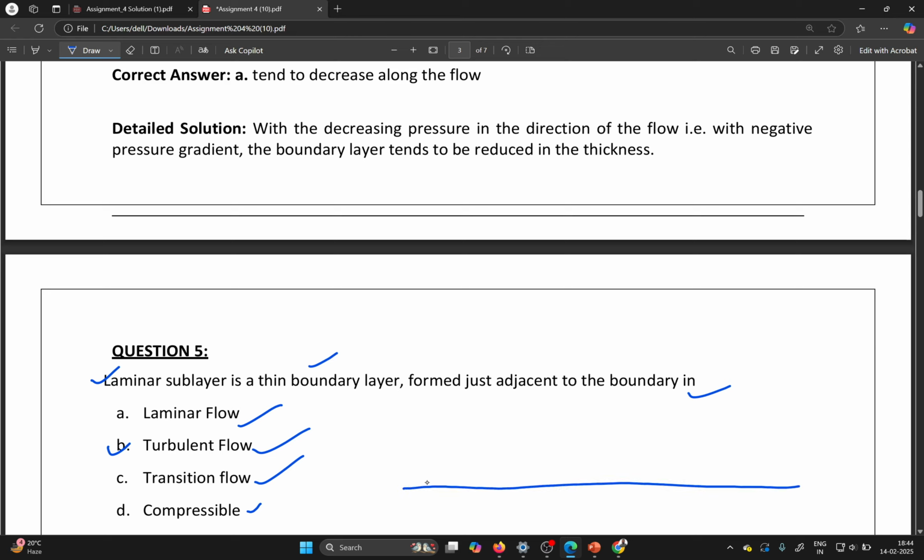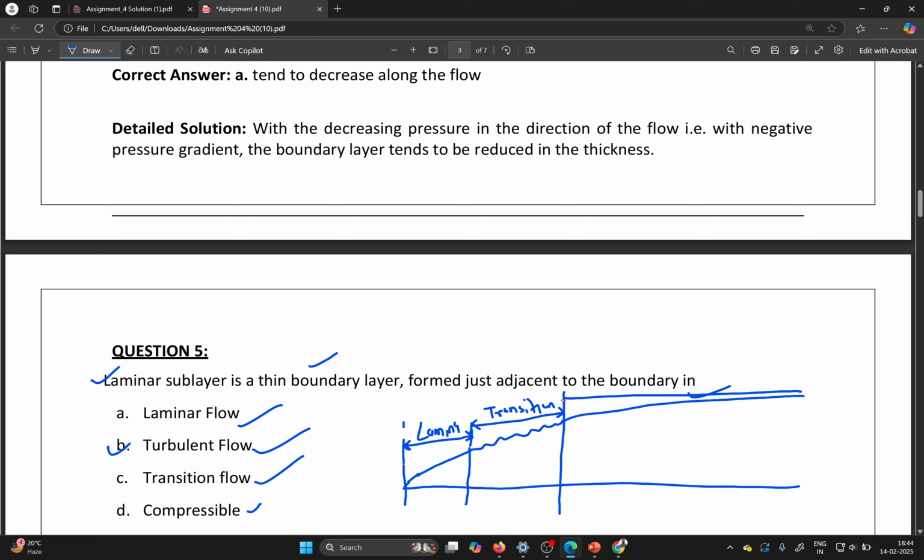Let us suppose there is a flat plate and the boundary layer is formed like that. Here is the transition phase, and then after that the turbulent. Up to here, your laminar boundary layer, then transition, and then after your turbulent.